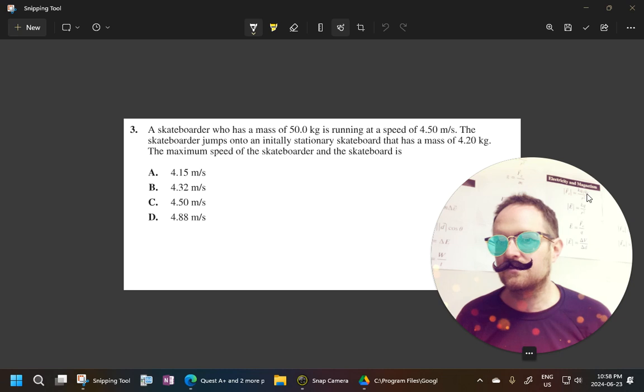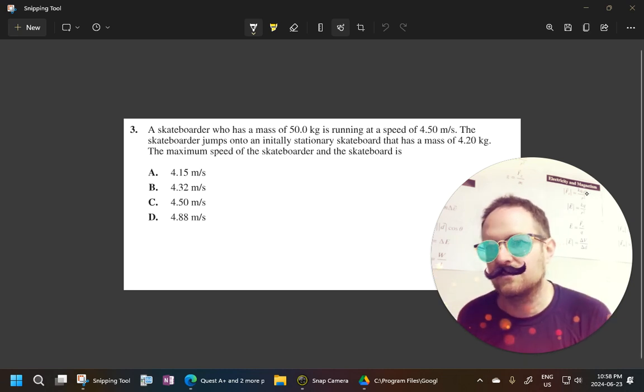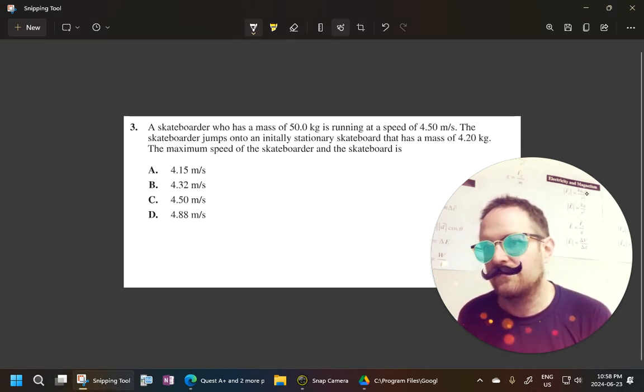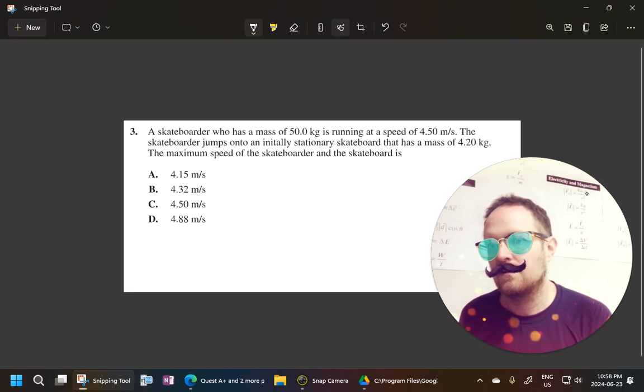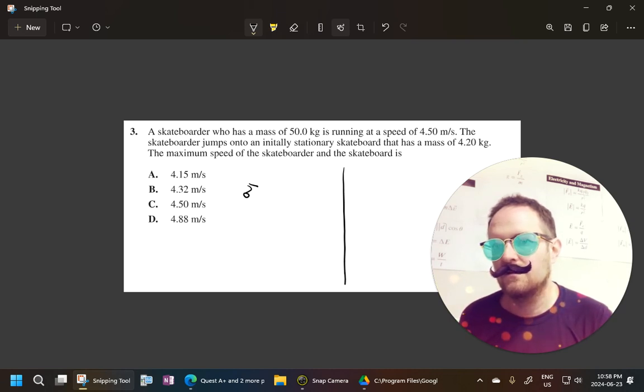There's a few ways to do this question, but I always do the before and after situation. Beforehand, we have this guy who's running along. He's going to jump onto this initially stationary skateboard, which is 0, so the momentum of that is 0.